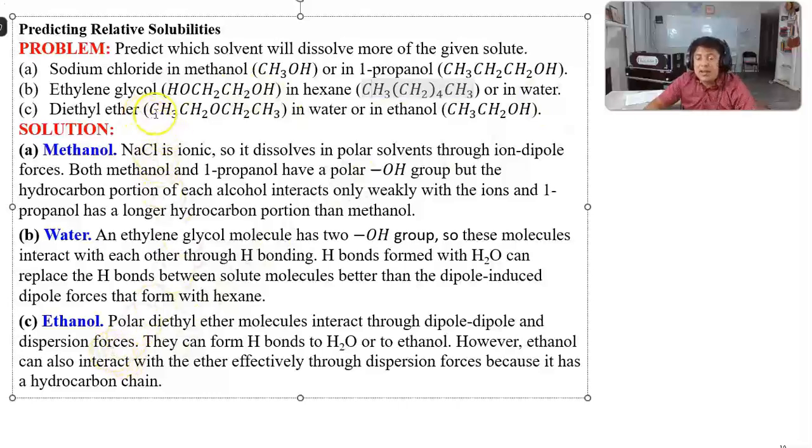Now diethyl ether in water or ethanol. The oxygen here doesn't have any hydrogen, so it cannot make any hydrogen bond. It can only act through the dispersion force. Water has a very tiny dispersion force.